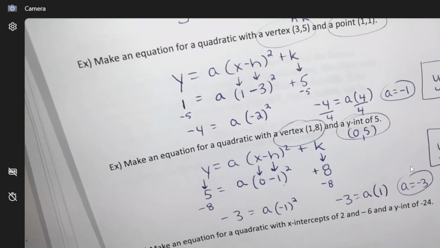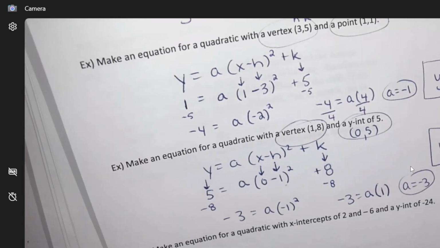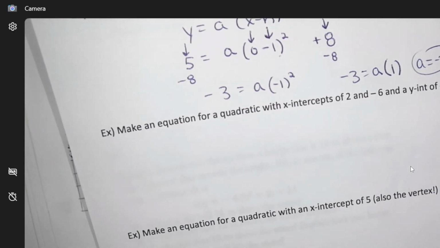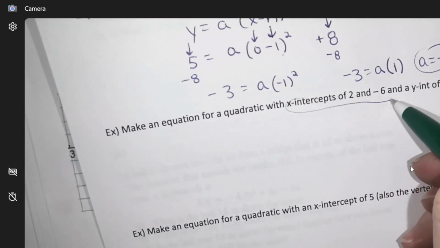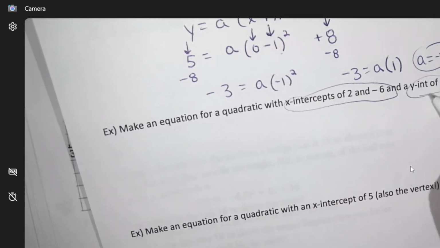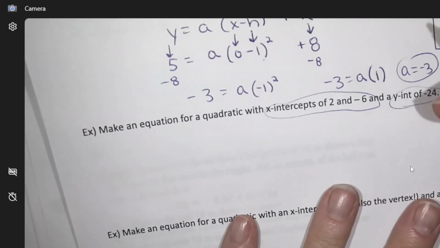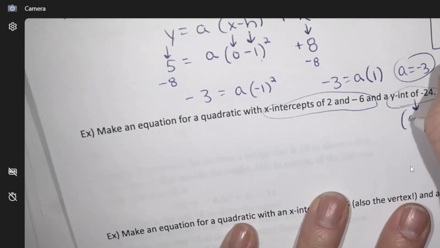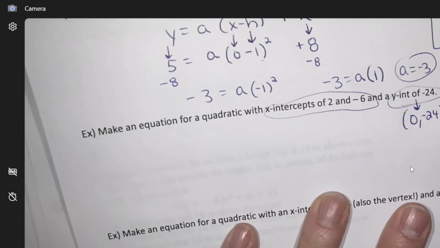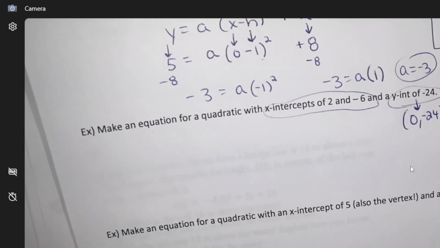Okay, next one. Make an equation with x-intercepts of this and a y-intercept of that. Right away, I'm going to put this as a point on that, just so I remember. Okay, you ready?